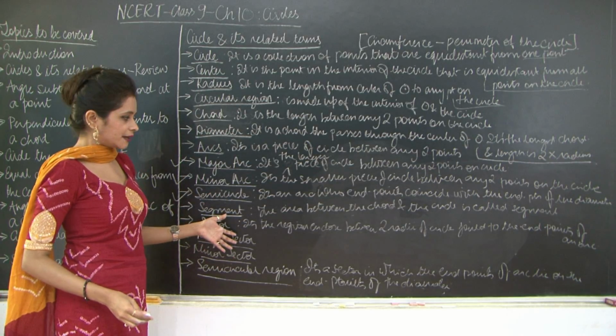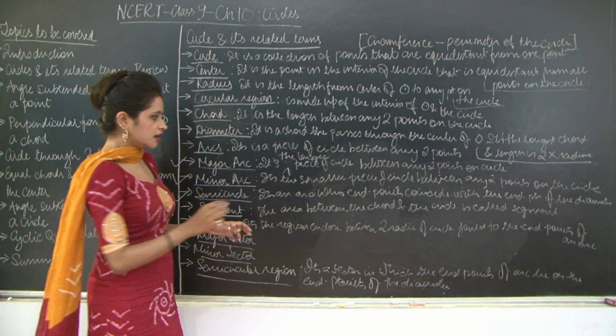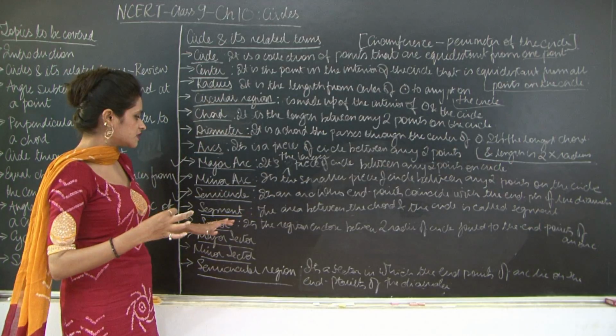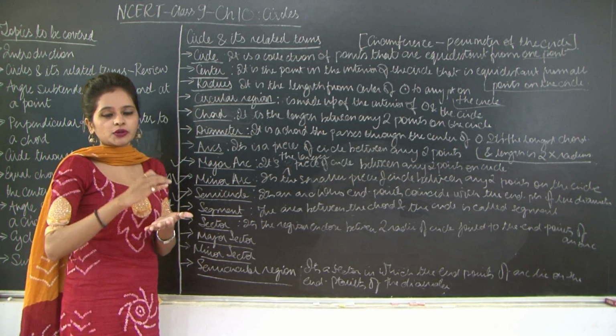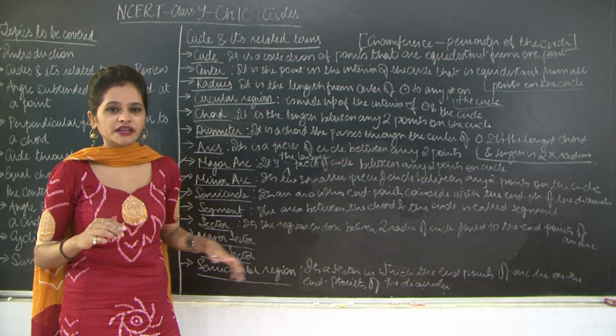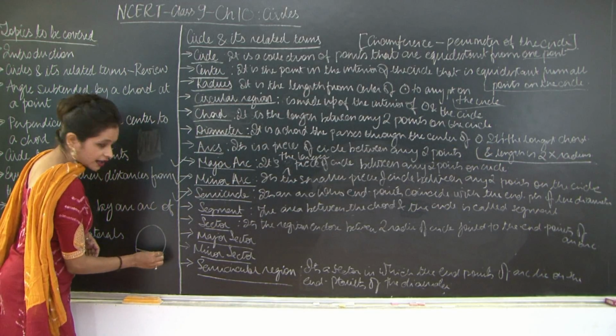Then you have segment. The segment is the space between the chord and the circle. So we have 2 types of segments. One is the major segment and one is the minor segment. So the space that is made between the chord and the circle, that is small in area, is known as the minor segment. This is my chord out here.